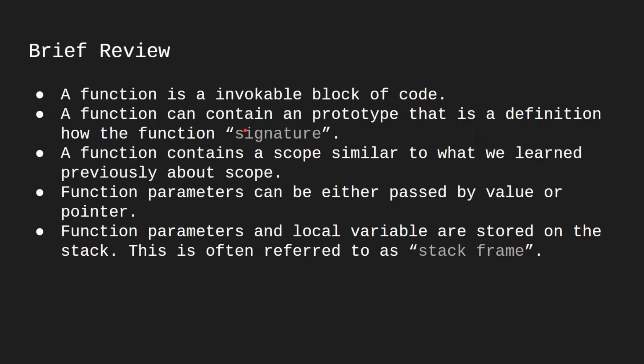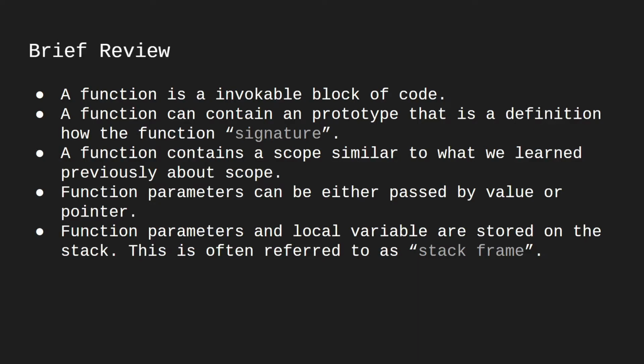Again, a brief review of functions. A function is an invocable block of code. A function can contain a prototype, which is the definition of how the function signature, quote unquote, works. A function contains a scope, similar to what we learned previously about scopes. The function parameters can either be passed by value or by a pointer.